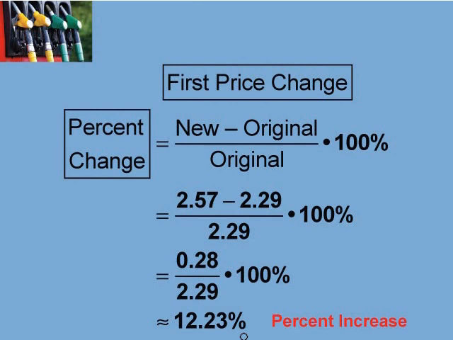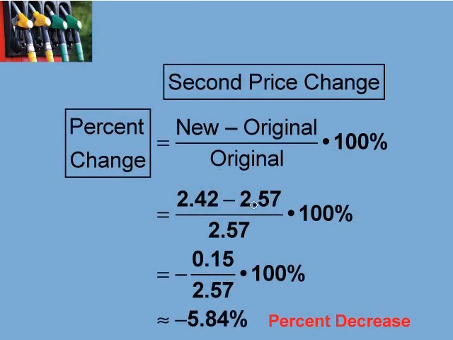Now let's look at the second price change. The price started at $2.57 and went to $2.42. We find the fraction change to $2.57 and multiply it by 100%. The result is around negative 5.84%, reflecting a percent decrease.